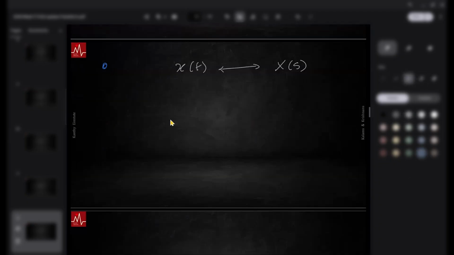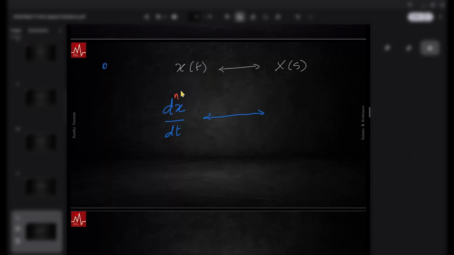What does dx by dt, the derivative of x, transform to? This again, most of you know. And again, this is one of the most important formulas that you need to know. If not the nth derivative, you need to at least know it for the first derivative.